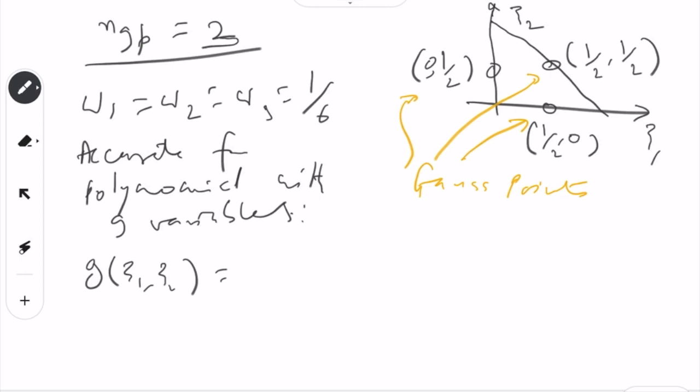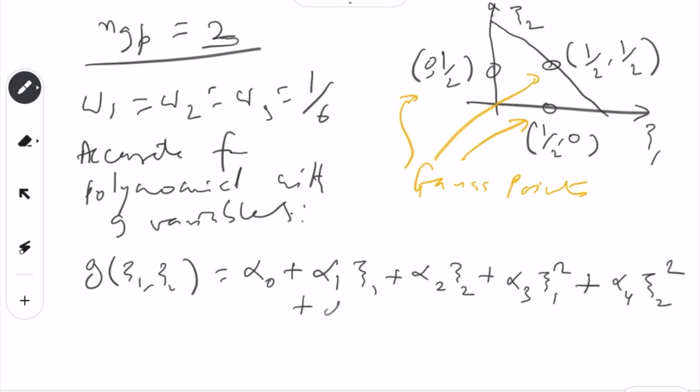So let's say I will write this as alpha naught plus alpha 1 times xi 1 plus alpha 2 times xi 2 plus alpha 3 times xi 1 square plus alpha 4 xi 2 square plus alpha 5 xi 1 times xi 2.